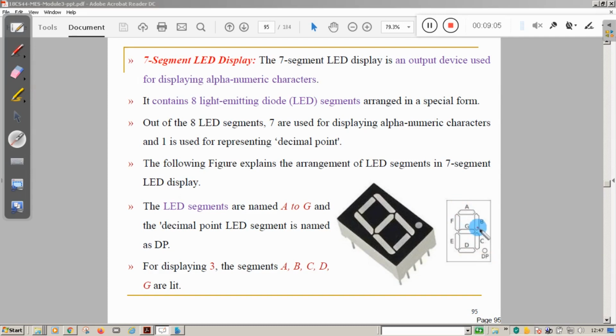Suppose I want to display 3, then the segments A, B, C, D and G should be lit. Suppose I want to display 0, then segments A, B, C, D, E, F should be lit, and G should be off.